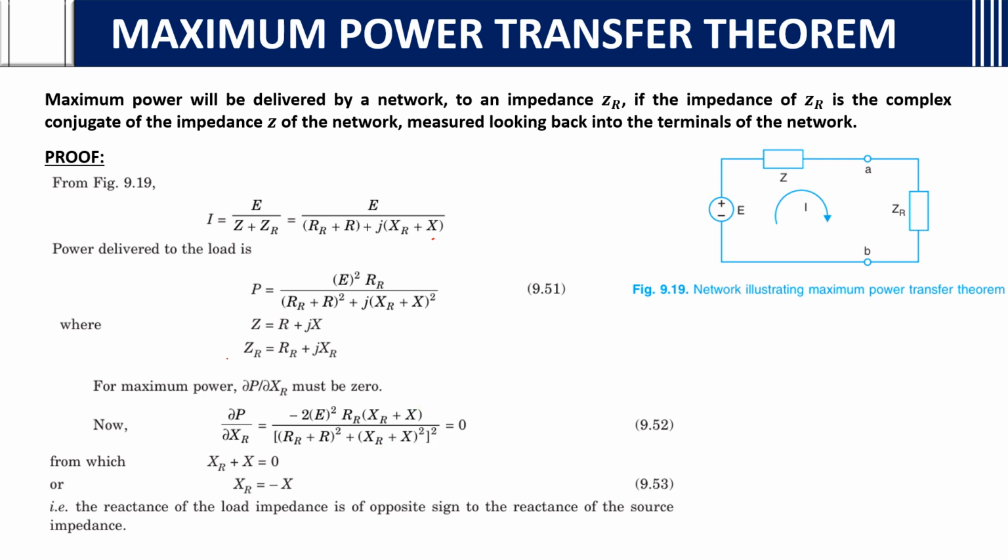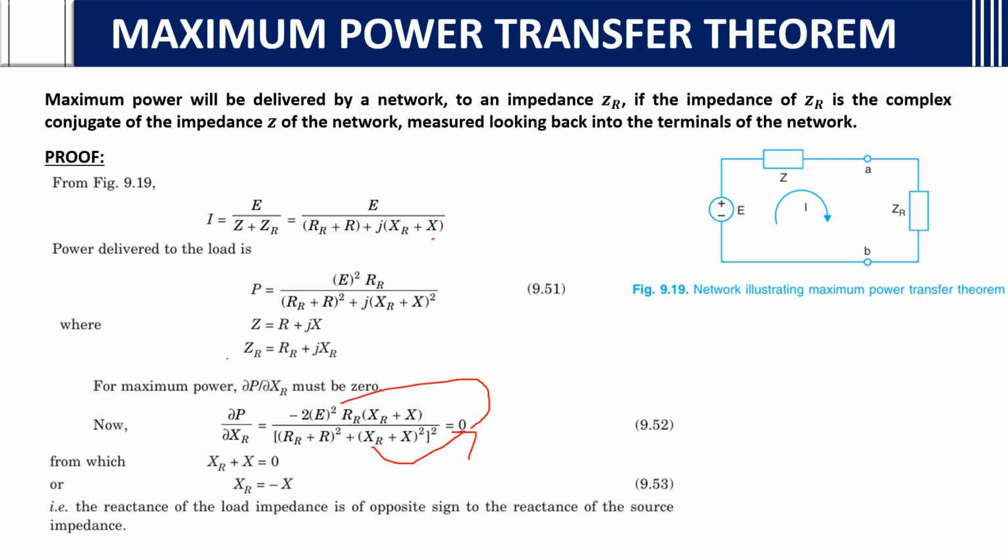We want only the XR terms for differentiation. After differentiating the XR terms, we get this. Setting XR plus X equal to 0, since it is a multiplication, the other terms go to the other side and become 0.